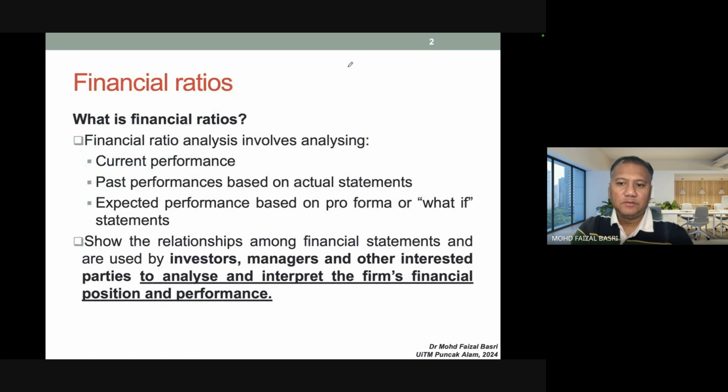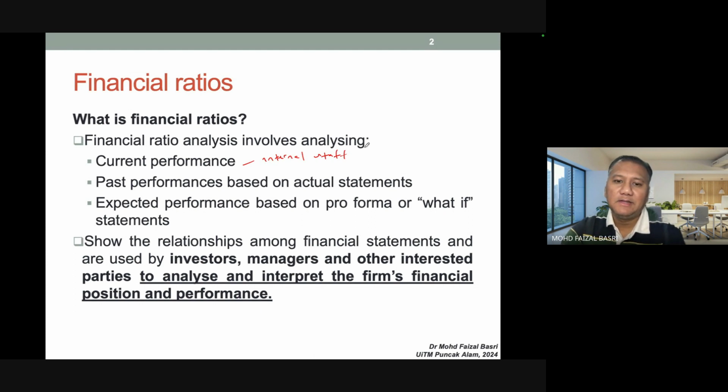Right? So first things first, again, what are financial ratios? Financial ratio analysis involves analyzing current performance. But for current performance, usually it will be done by the internal staff, or internal parties, the managers, for example, because when we do financial ratio analysis, what we need is the raw data, as I mentioned earlier.